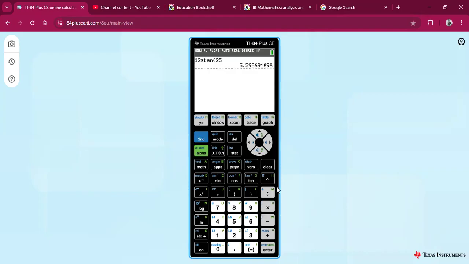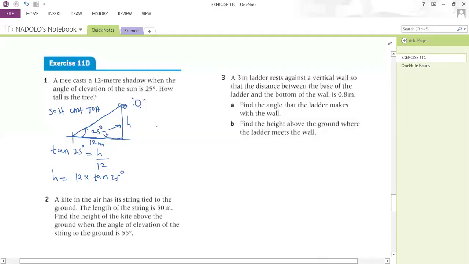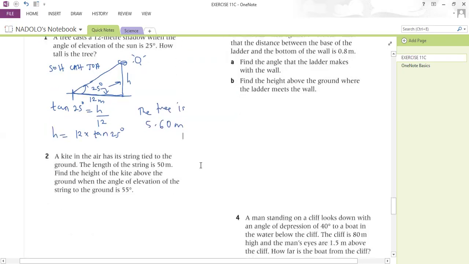To three significant figures, that should be 5.60 meters. So that is the answer we are going to write: 5.60 meters. So the tree is 5.60 meters. That is how tall the tree is.